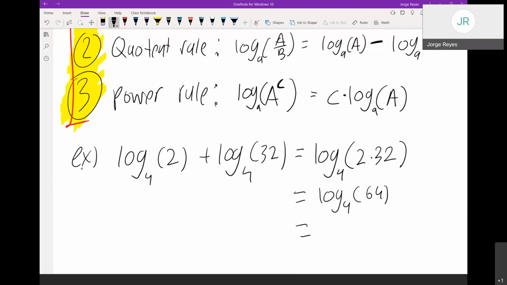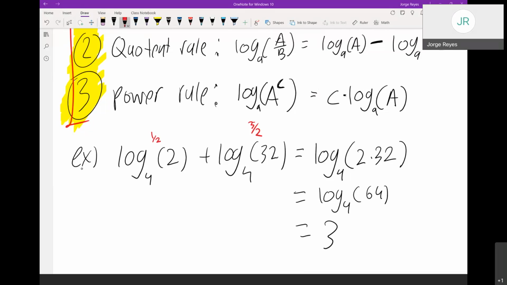So the answer is 3. And if you were to calculate these separately, you'll see that this is 1/2 and this is 3 over 2, 5 over 2. Then when you add the fractions, you get 6 over 2, which is 3. So it all works.